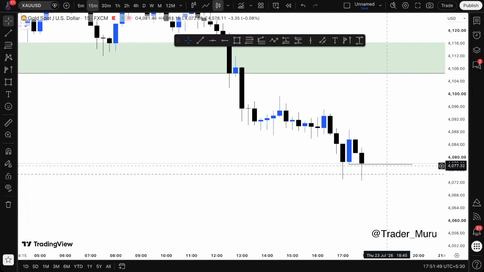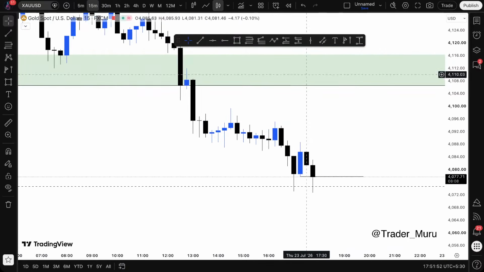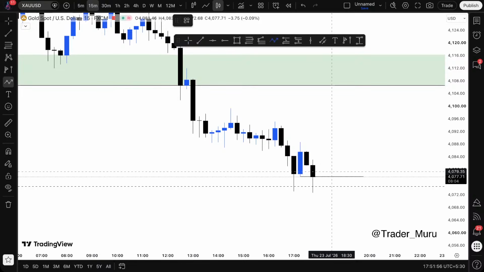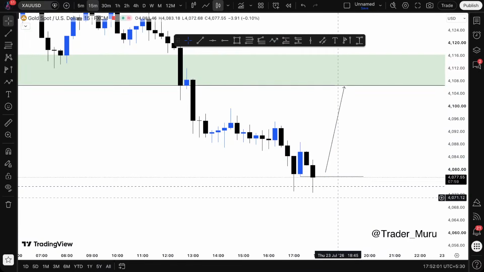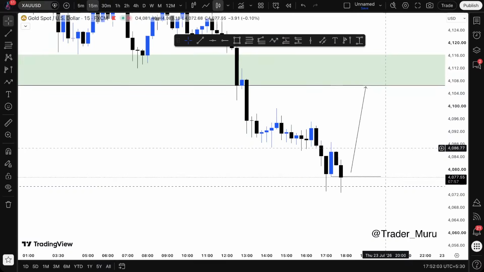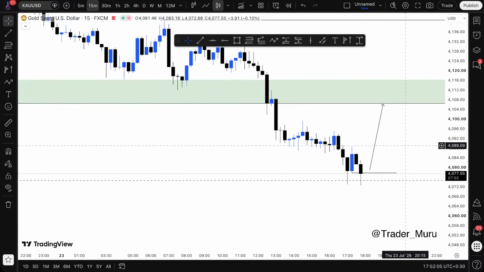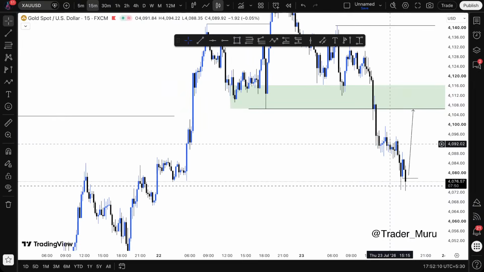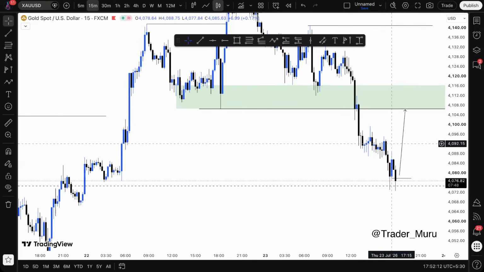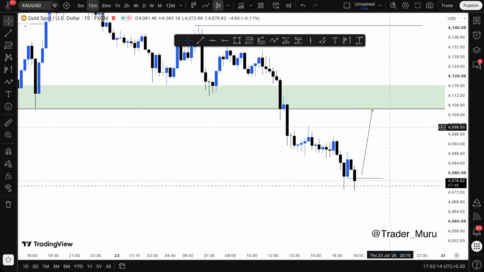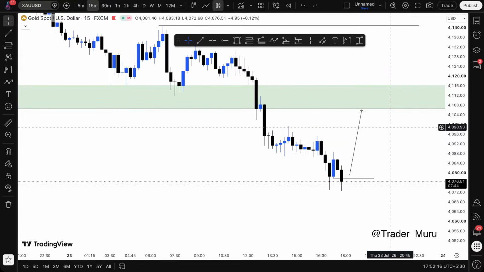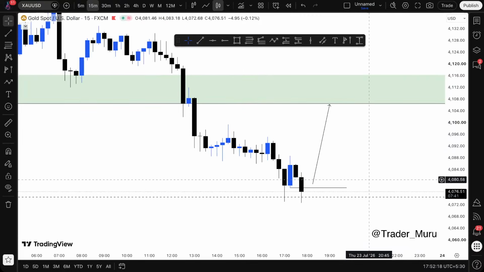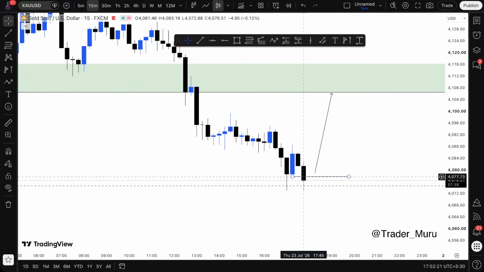If we close above this area, price can go bullish, and this will be our expectation. We just need this closing.